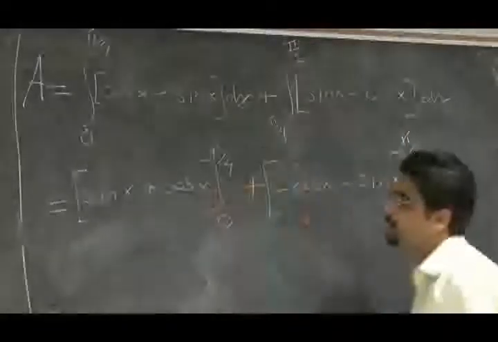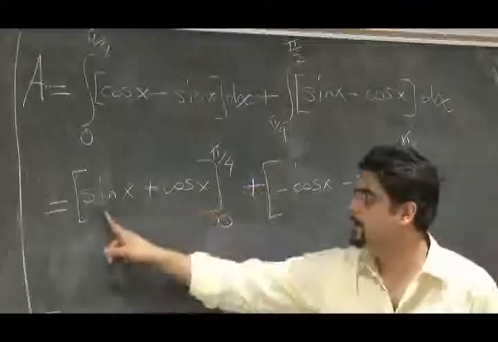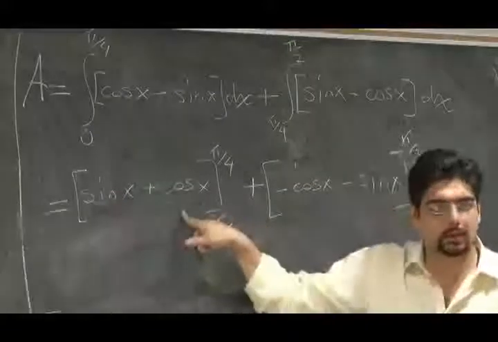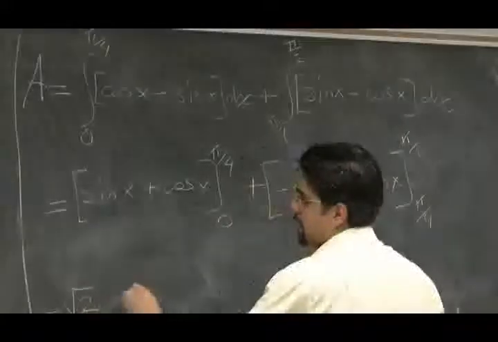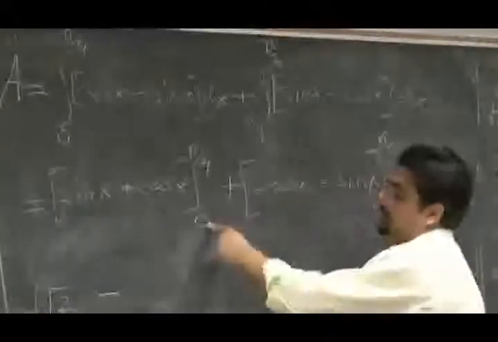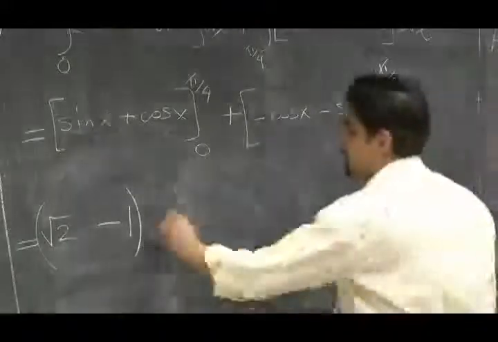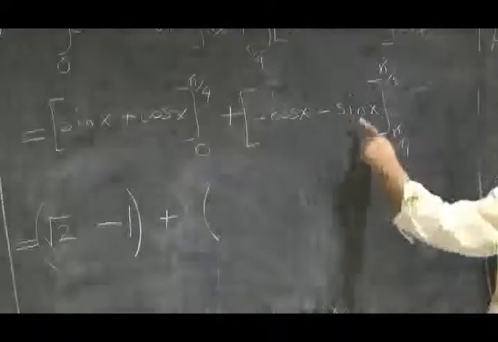Okay. So we could do these calculations mentally. If I plug in pi fourth, this is half of square root 2, this is half of square root 2. So the total is square root 2. And then I take away, plugging in 0. That's 0, that's 1. So I take away 1. Plus, if I plug in pi halves, this is 0, and this is negative 1.